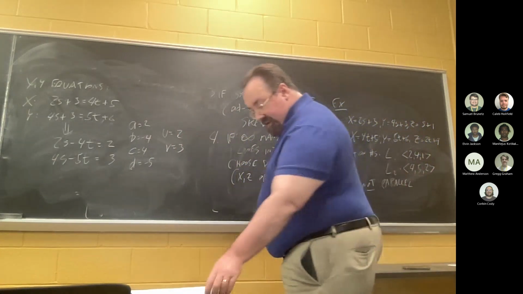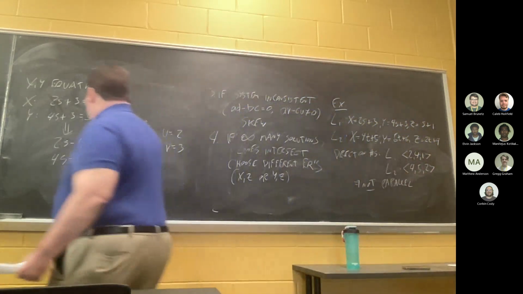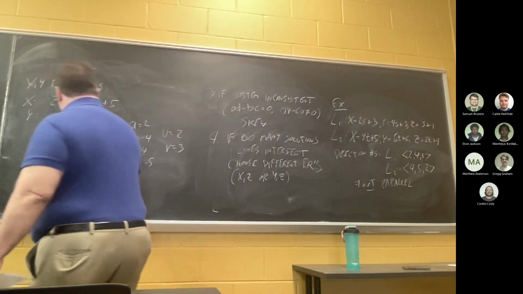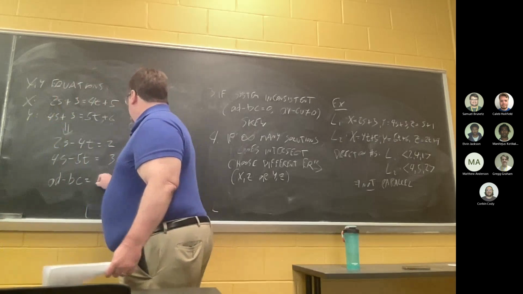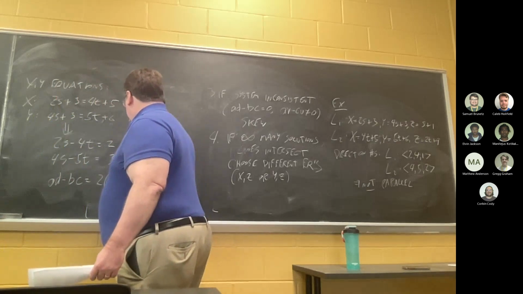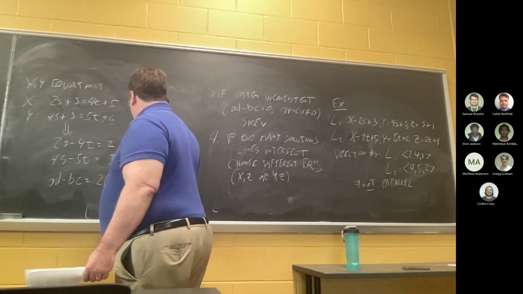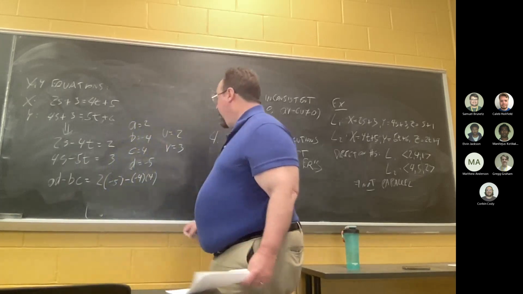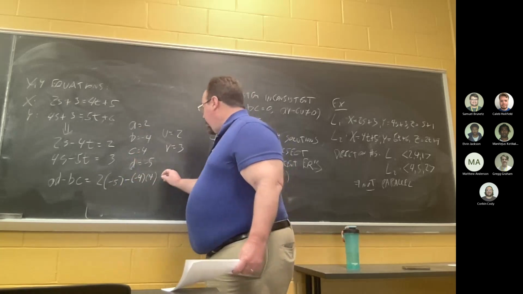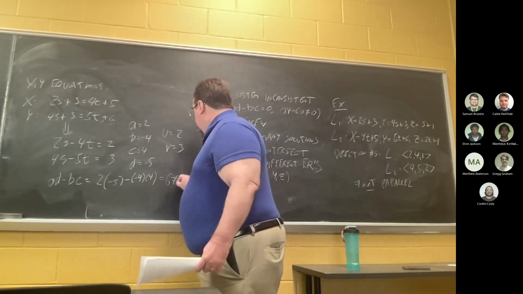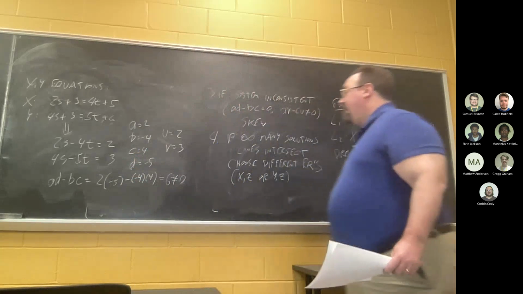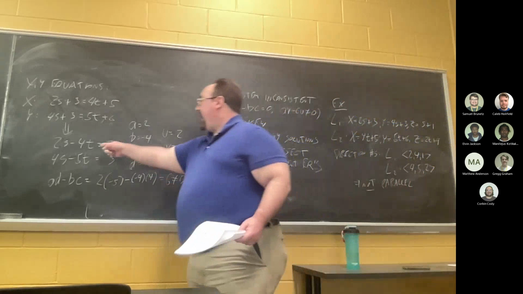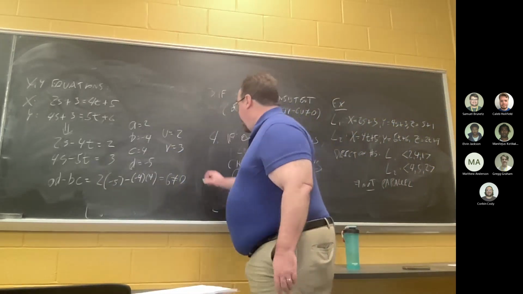So then you check AD minus BC, which is minus 10 plus 16. Because it's non-zero, we know that this system has a unique solution.